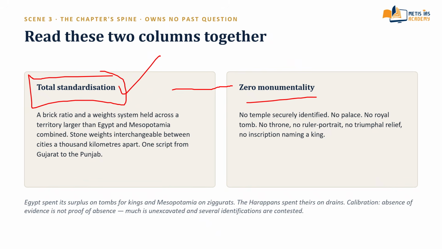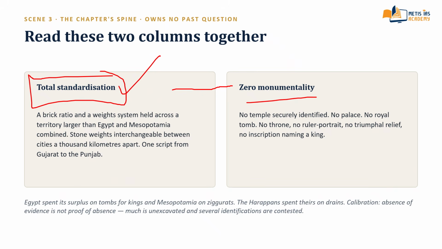Compare it with the contemporaries, because that is what makes the point land. Egypt built the pyramids for its rulers. Mesopotamia built ziggurats for its gods, and left king lists and royal inscriptions. Both spent their surplus on making power visible and permanent.